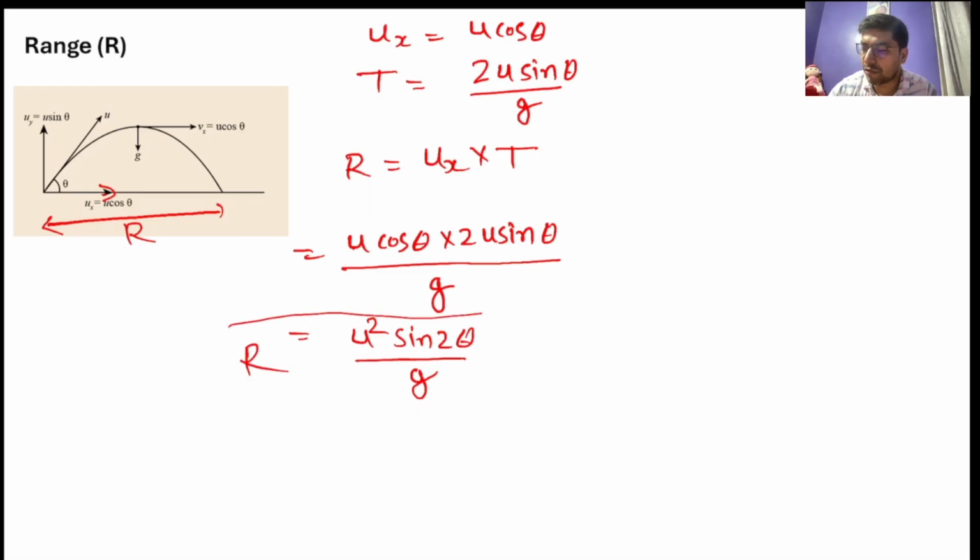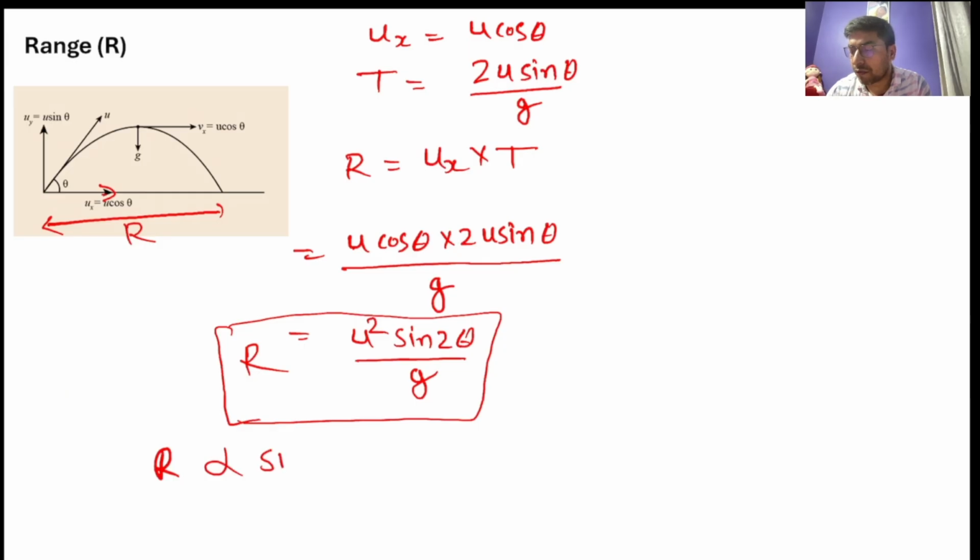So the range formula we got is u square sine 2 theta by g. If u and g are constant, then range is proportional to what? Range is proportional to sine 2 theta, right? So if sine 2 theta is maximum, range will be maximum. Yes or no?